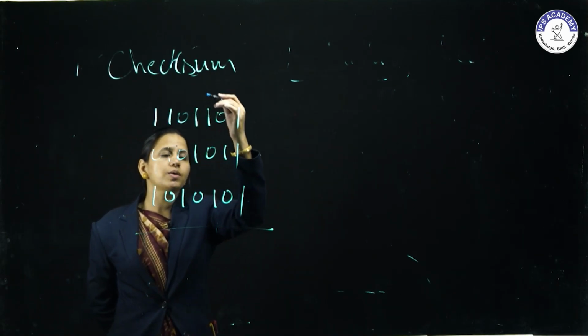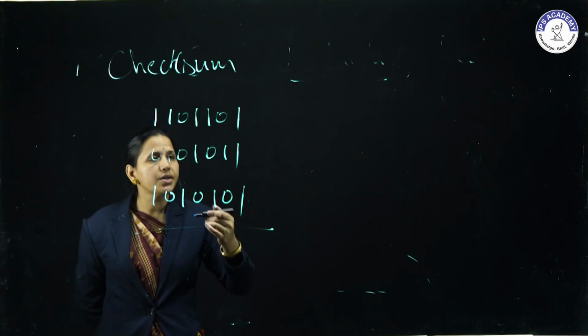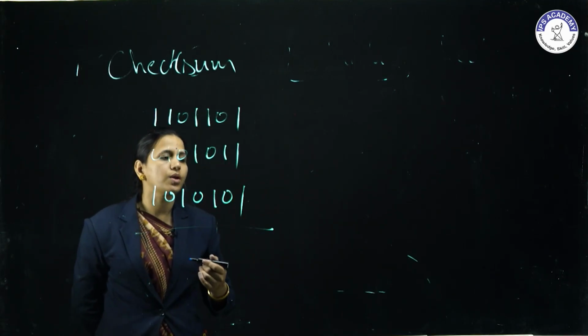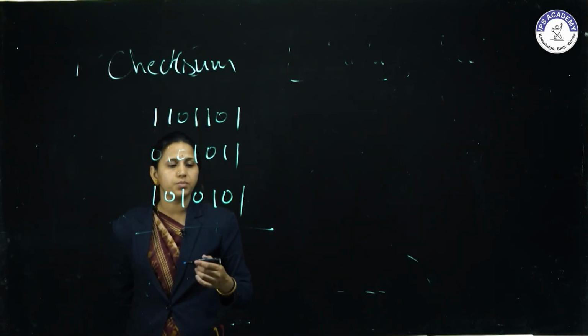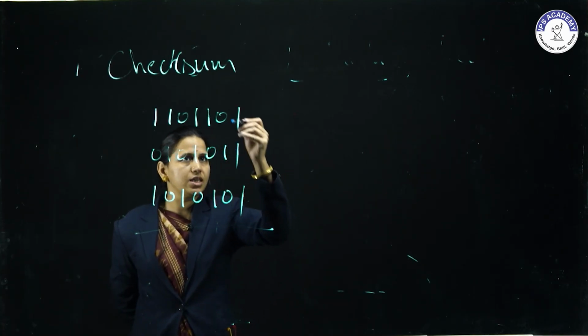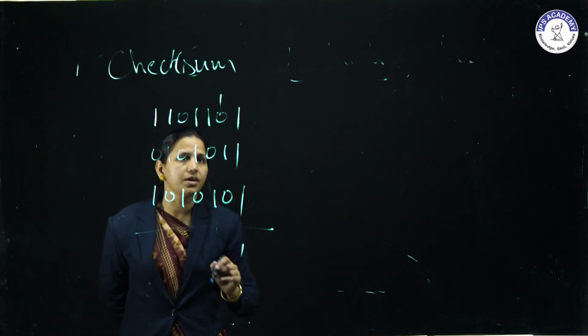So by using the concept of checksum, we need to add all 3 data units and take the ones complement of the result. So 1 plus 1 is 1 0, 1 carry, 0 plus 1 is 1.